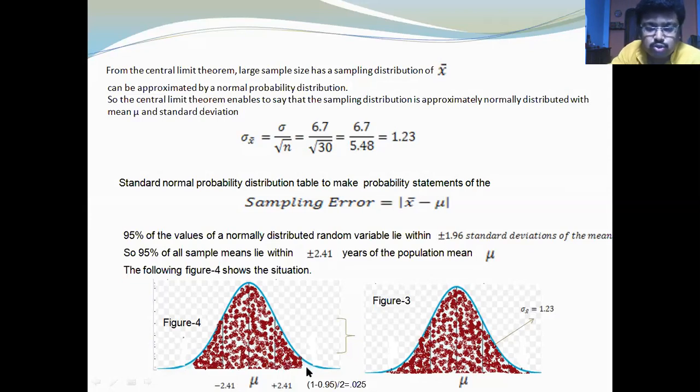It is equal to 2.41 years, and from the population mean to this point it is equal to minus 2.41 years.